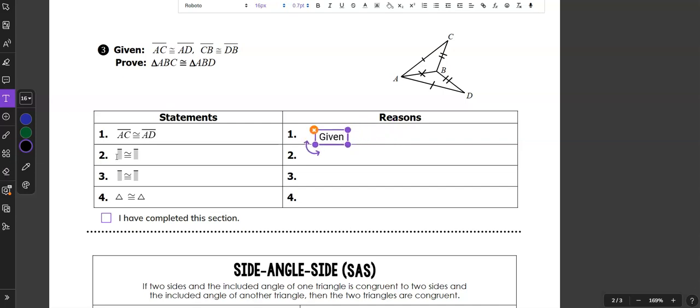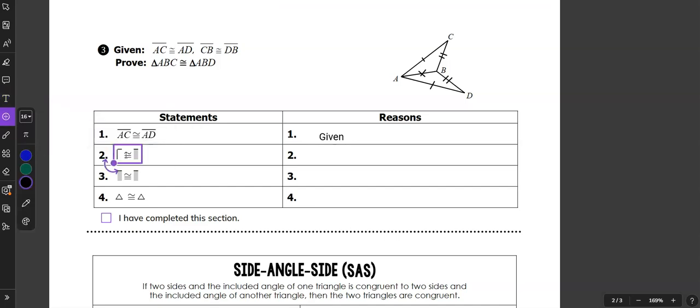We know that CB is congruent to DB. And you'll notice that you have to either be in the equation tool to change these equations, or if you go in the select tool with the arrow, you can click inside them. That might be easier.